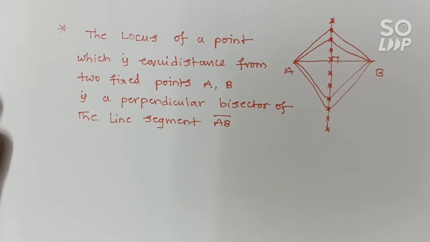So this is the perpendicular bisector definition from the concept of the locus.